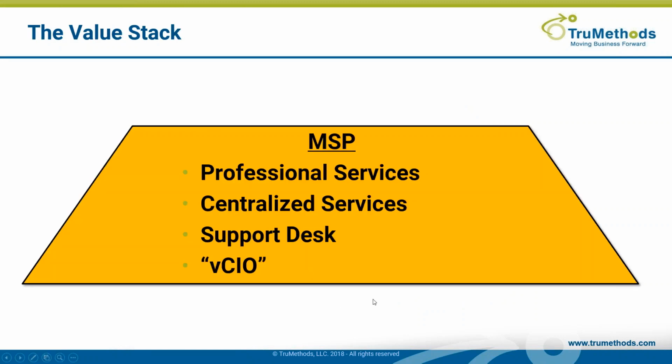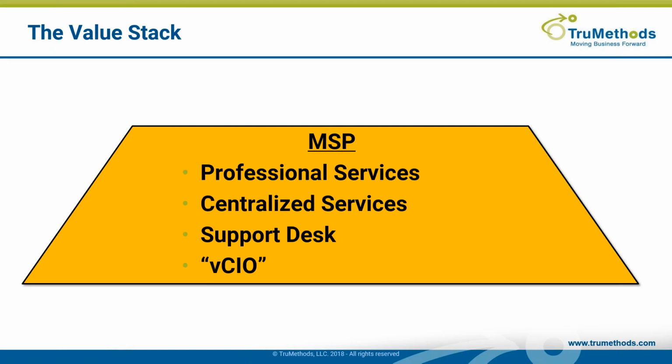So we teach a concept we call the MSP value stack. Think of it as a pyramid, and the foundation, the bottom of it, is what most people today call the current MSP things that everyone does. I call it the everybody stuff. Professional services: we still need to upgrade things, move things, change things, implement new technology for our customers.